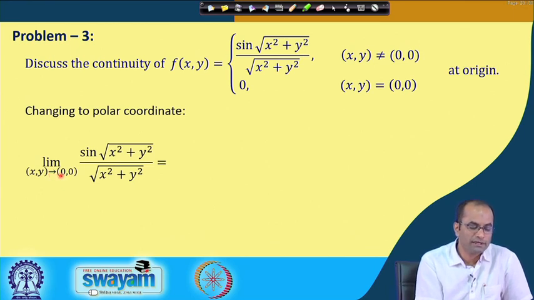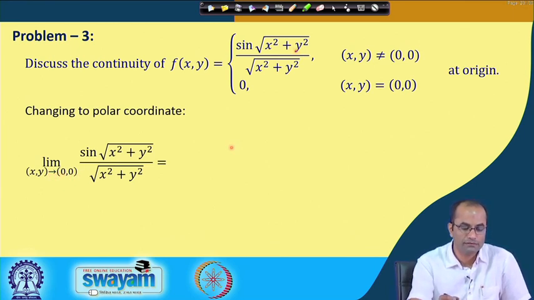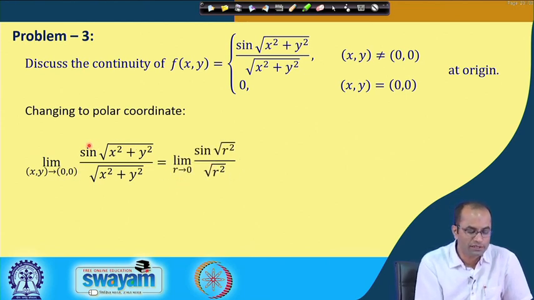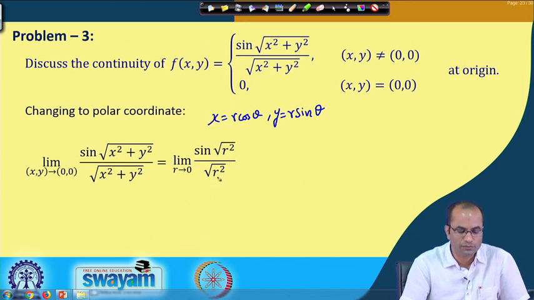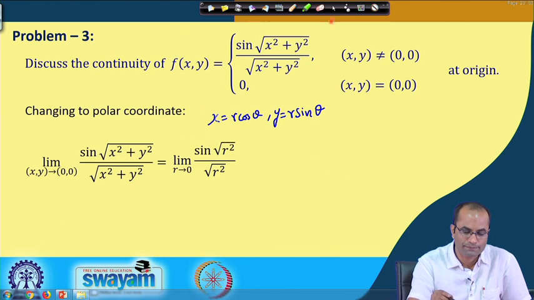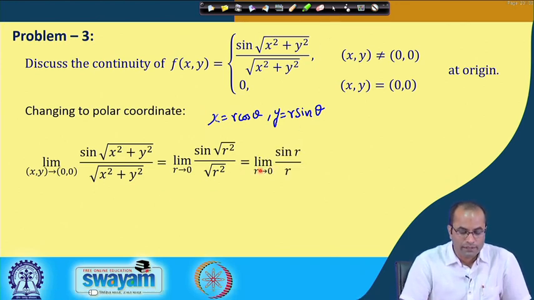So the limit as (x,y) goes to (0,0) of this given function will be changed to the limit as r goes to 0. Here x square plus y square will be r square, by the transformation x equal to r cos theta, y equal to r sin theta. By this substitution we get r square here, and here also this r square, so it becomes the limit as r goes to 0 of sin r square over r.